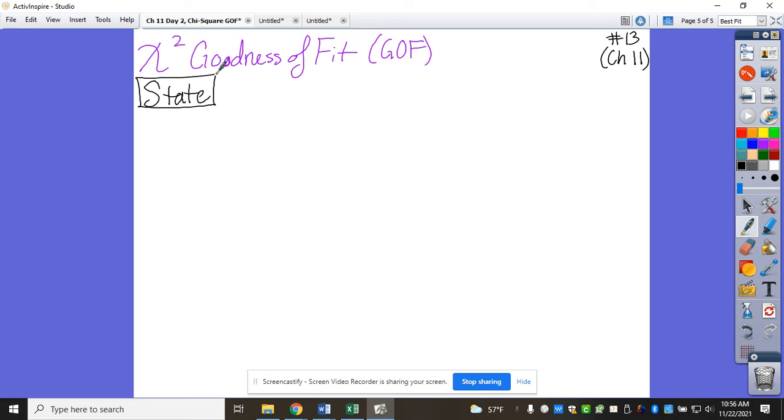How did I start my last chi-square 4-step? We find what first? Population.